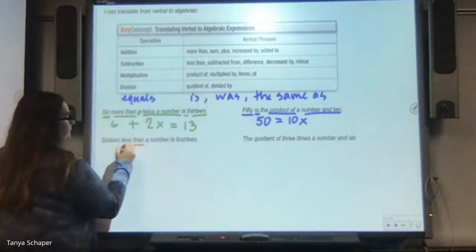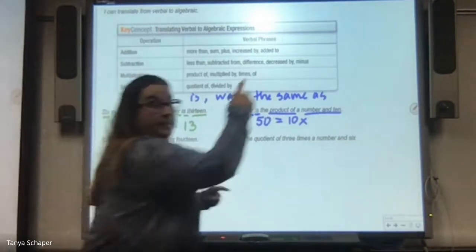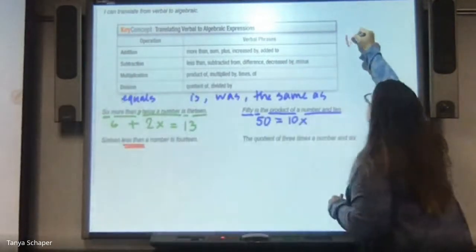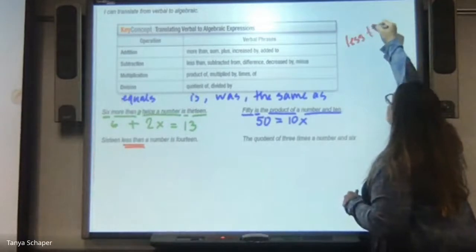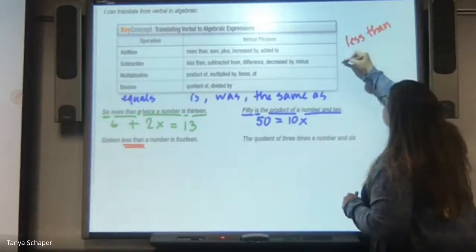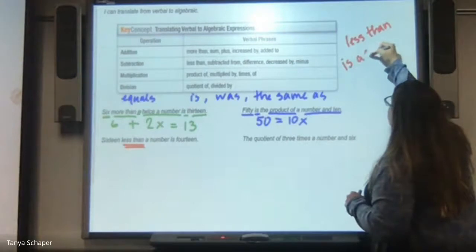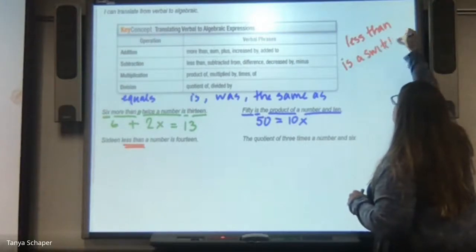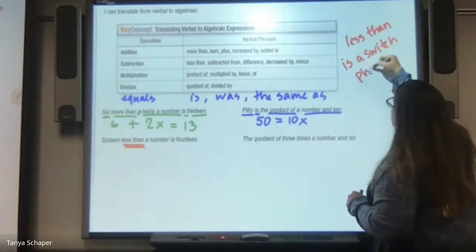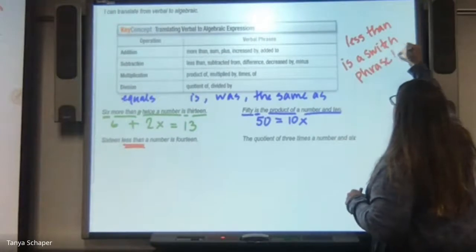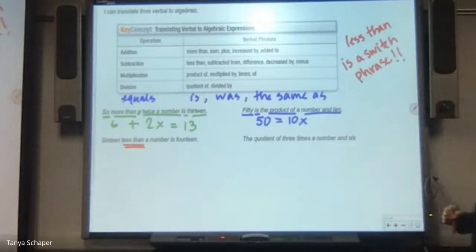Less than. Okay, up here, I want you to write: less than is a switch phrase. Now, what does that mean? Less than is a switch phrase.